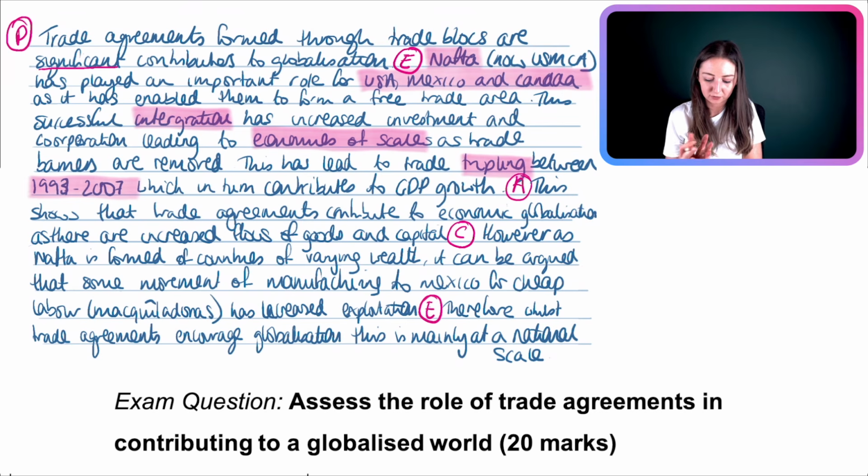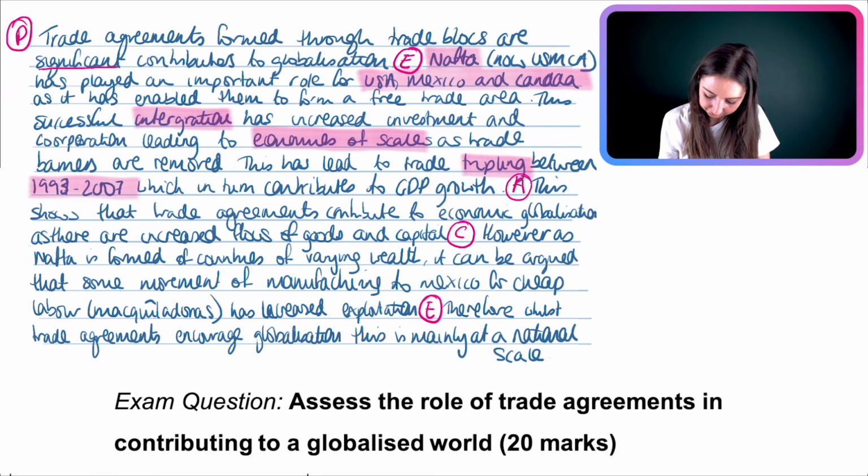Okay, so that is an example of how you can write an essay question. Your E at the end, you've gone back to the exam question to answer it. You've applied it through your application. So in the middle, you should be linking to your exam questions again. Get the highlighter out, so we can have a look at this. So we've linked back to trade agreements here. We're talking about economic globalisation. That means we've got a really good understanding of globalisation.